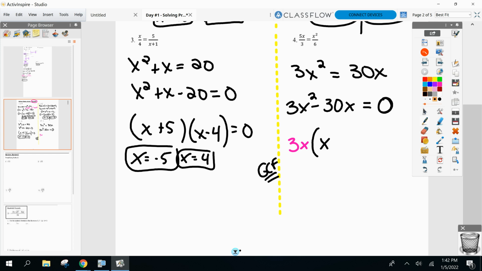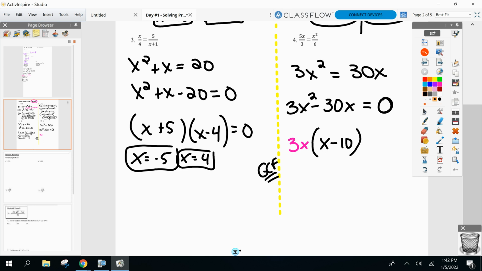And what's left when I take a 3x from 30x? 3 into 30, 10. Minus 10. Any x left to put in? No, I already took it out. It's right here. So that is what it looks like factored using what's called the GCF method.